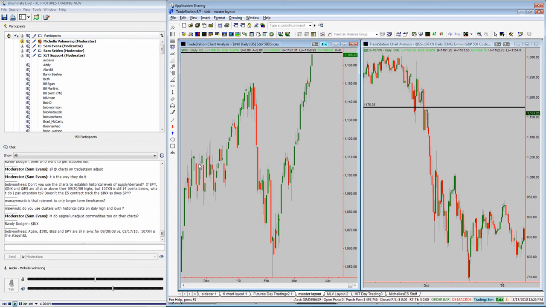Okay? Bob Voorhees is saying again, the $INX, the @ES and the SPY are all in sync for the 930.08 versus the 317.10. We're not talking about 317.10. We're talking about the level that was created historically, Bob. We're talking about the level that was created on 930 on each of these different markets.